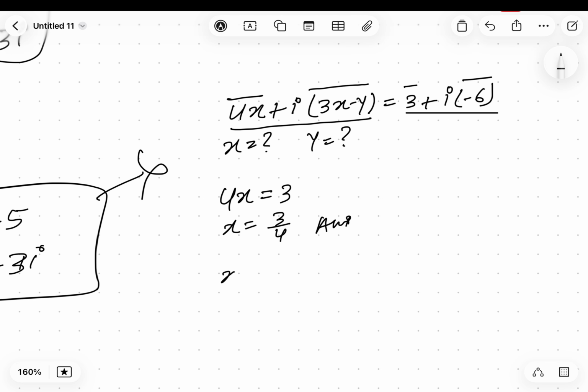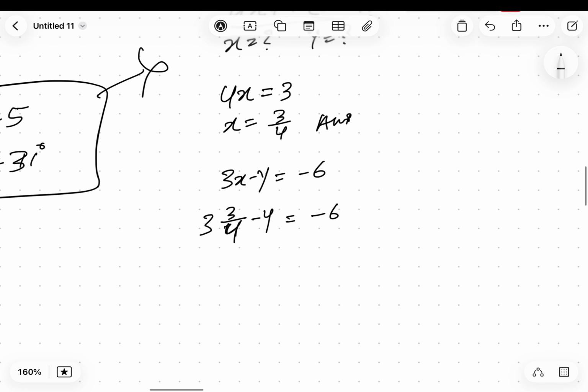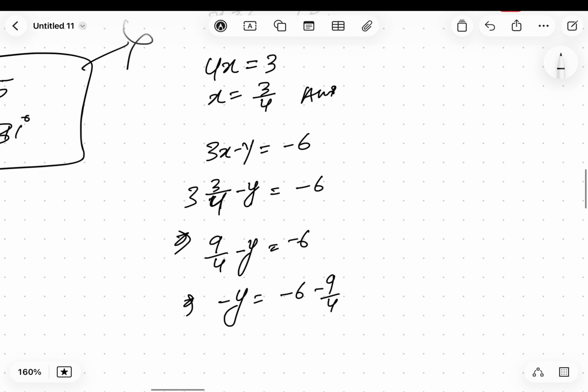So 3x minus y equal to minus 6. If we put the value of x, that is 3 by 4, we get 9 by 4 minus y equal to minus 6, or minus y equal to minus 6 minus 9 by 4.